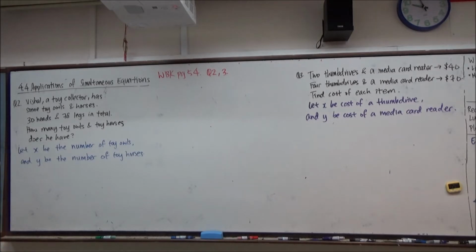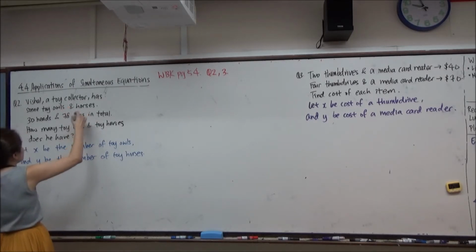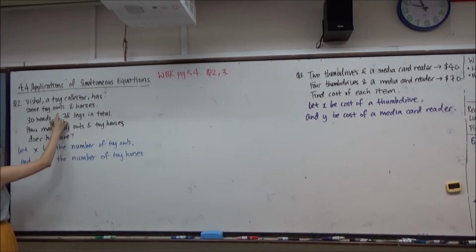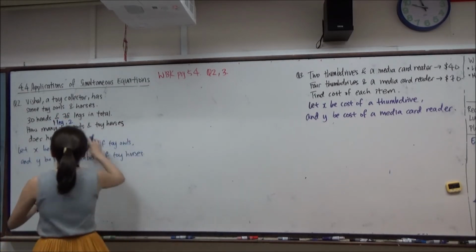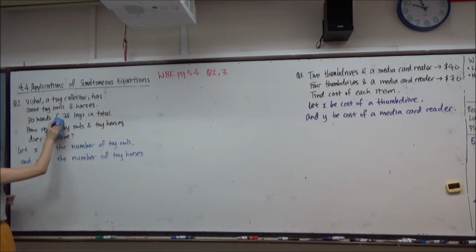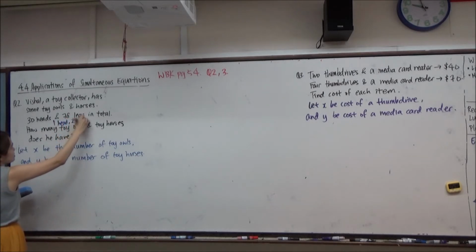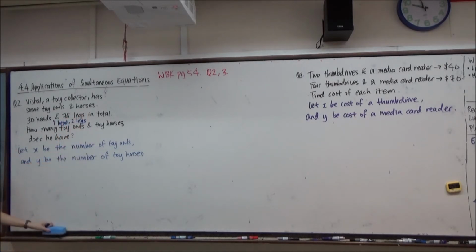One owl will have how many heads, how many legs? One head and 2 legs, right? Okay, so this one, let me just write here, 1 head, 2 legs. Someone say owls got head?